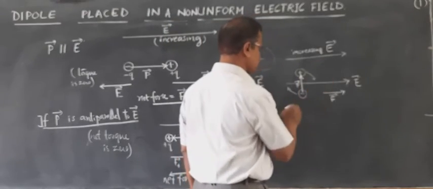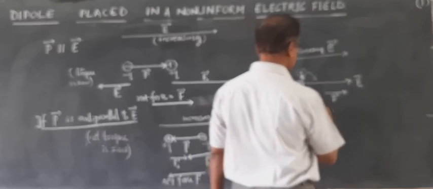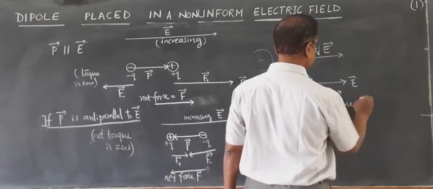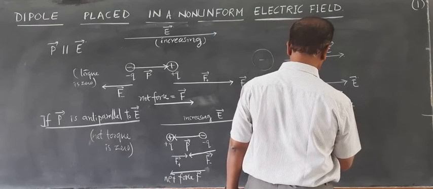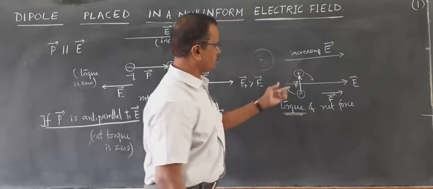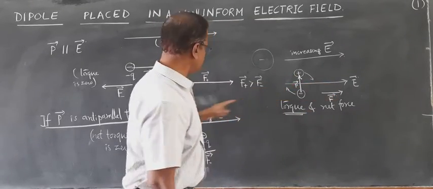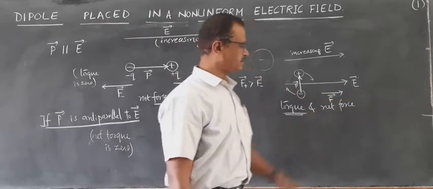So it experiences torque and also a net force. As a result of the torque, it aligns along the direction of increasing electric field, and then it starts accelerating in the direction of increasing electric field.